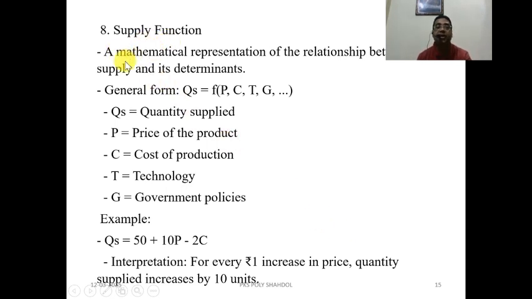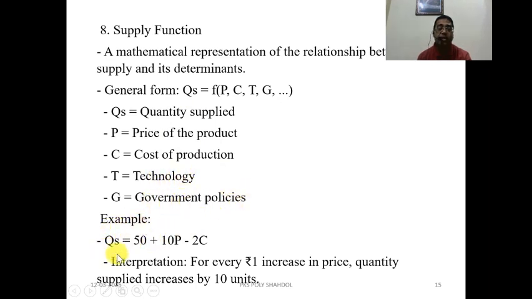Supply function. A mathematical representation of the relationship between supply and its determinants. As we have earlier seen the demand function, this is the supply function. QS, quantity supplied, is a function of P, C, T, and G. P is the price of the product, C is cost of production, T is technology, and G is government policies.